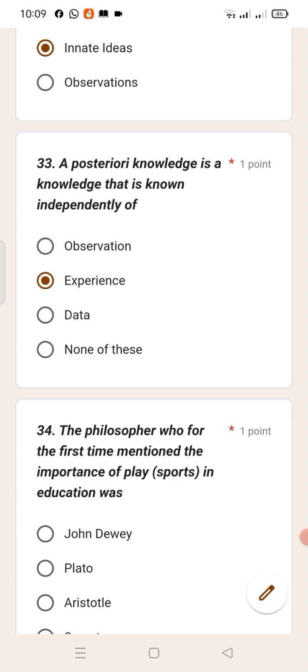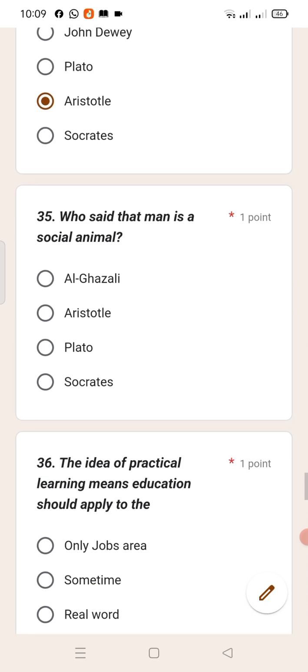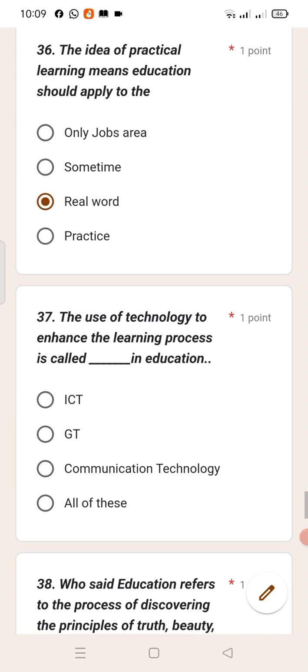Posterior knowledge is a knowledge that is known independently of experience होता है. ठीक है. एक पीरियरी नॉलेज होता है. ठीक है. दूसरा पोस्टीरियरी नॉलेज, तो ये इंडिपेंडेंट ऑफ एक्सपीरियंस है. वो दूसरा वाला डिपेंडेंट होता है. द फिलोसफर हु फॉर द फर्स्ट टाइम मेंशन द इम्पोर्टेंस ऑफ प्ले स्पोर्ट्स इन एजुकेशन इज, इट इज़ अरिस्टोटल. ठीक है. हु सेड दैट मैन इज ए सोशल एनिमल? तो अरिस्टोटल. The idea of practical learning means education should apply to the real world.